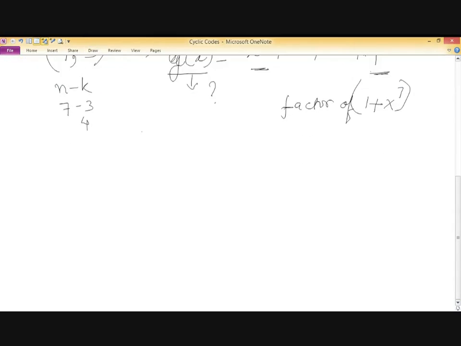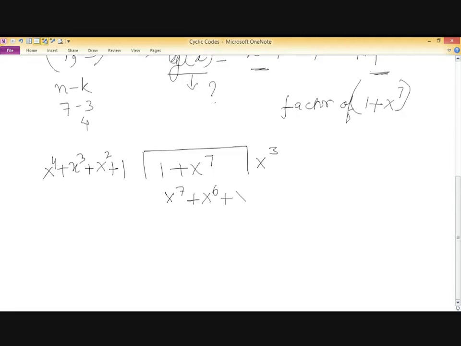So let's check it. Just dividing 1 plus x to the power of 7 by x4 plus x cube plus x square plus 1. Multiplying it with x cube, I will be getting x to the power of 7 plus x6 plus x5 plus x cube. If someone has done that, please tell me. So I will be getting x6 plus x5 plus x cube plus 1 again.